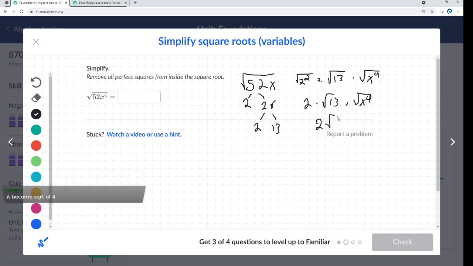I don't think I can. 13 x to the 4th, or is there a way to square root of 4? How does that work?